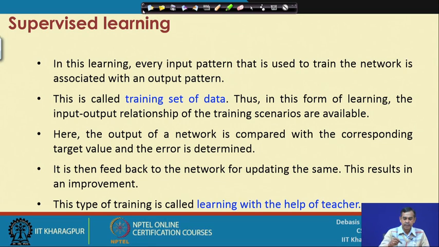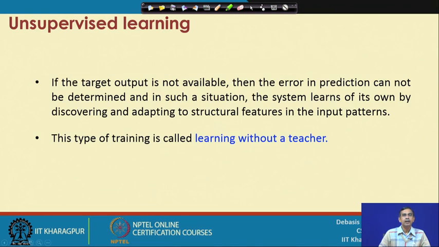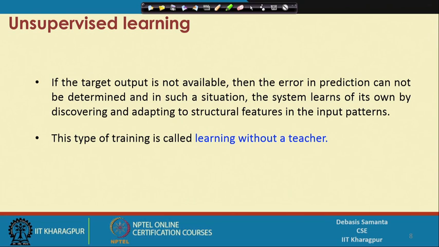So, this is why it is called learning with the help of a teacher. Supervised learning is very simple and straightforward in fact, and yet very effective also. Now, the next is unsupervised learning. If supervised learning is learning with a teacher, unsupervised learning can be termed learning without a teacher. In supervised learning, as I told you, input is given and then output is there, but in unsupervised learning, only input is given, no output is told.